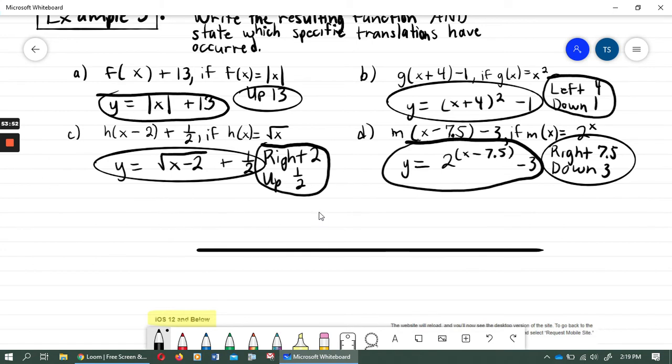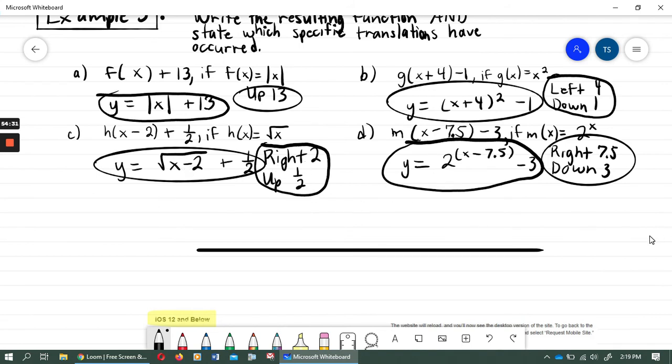All right. So part C again, it's the same pattern. If we're dealing with h of x, which is that square root function, and we're asked to find this transformation where you're subtracting 2 on the inside and adding 1/2 on the outside, then that's going to be us moving right 2 based on what's happening inside of the function with the subtracting 2 on the inside.